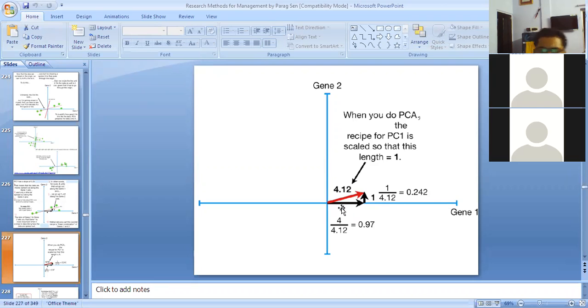If the sides are 1 and 4, the length of the hypotenuse will be 4.12. If you want to make it 1, you divide by 4.12, so this side will come out to be 0.242 and this side will come out to be 0.97.